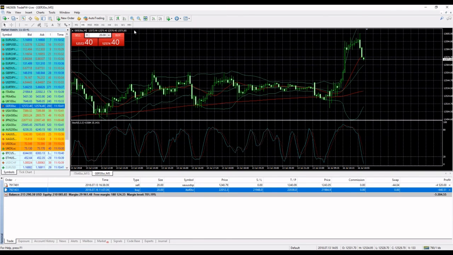I see that it is in an oversold area, and I think it's a good time to enter a long position. Let's get a bit more down.